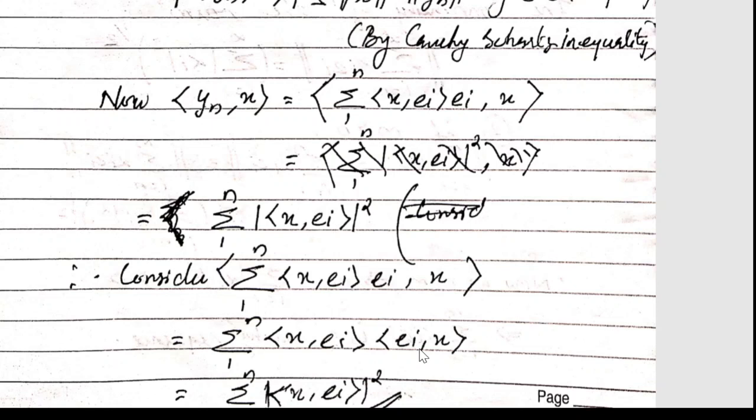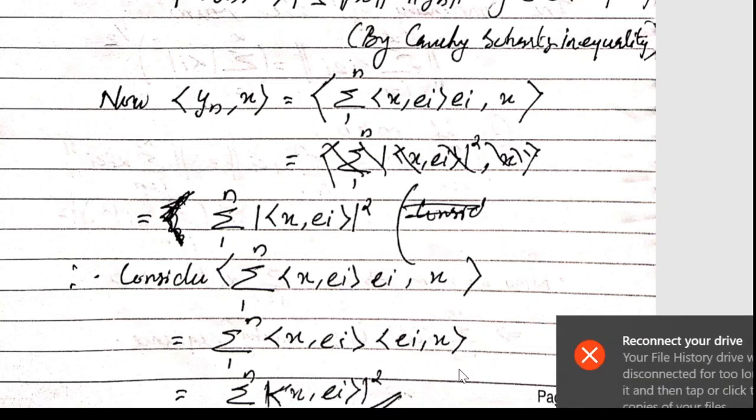Now from this, last class we discussed one lemma. It should be equal to the sum from i equal to 1 to n of the modulus of the inner product of x and e_i, squared. So we have used the previous result.